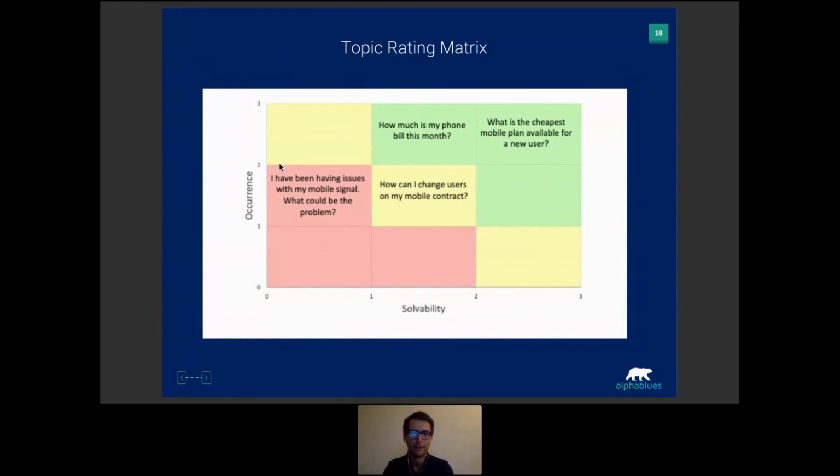But then when you have something like how can I change users on my mobile contract, it occurs quite a lot, let's say 500 times a month. Solvability is something where you can give an answer and say, hey, go and do this. But ideally, the bot would say, let me authenticate you, and then I will just change the users on your contract.